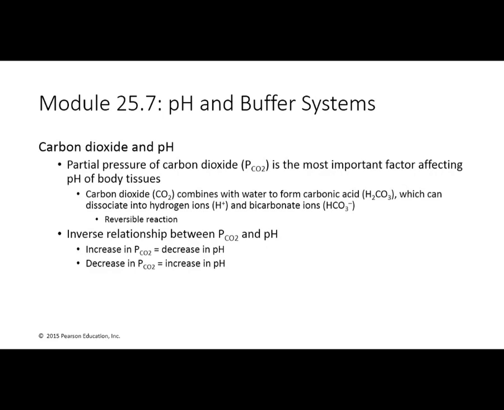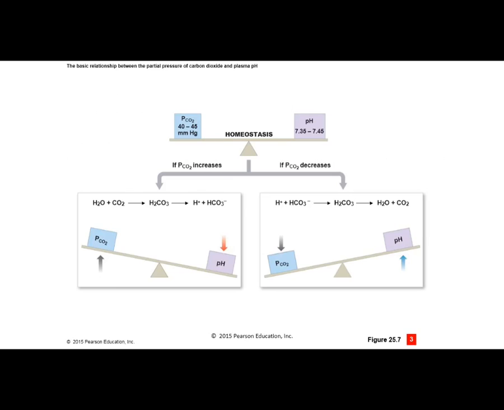As your PCO2, the pressure of CO2, increases, that means there's more CO2, right? And with more CO2, pH goes down, right? You're more acidic. If there's less PCO2, then that would cause an increase in pH. So there's a balance, right?